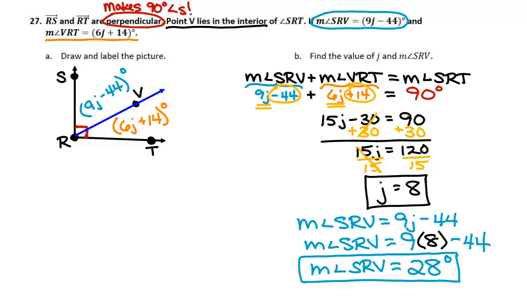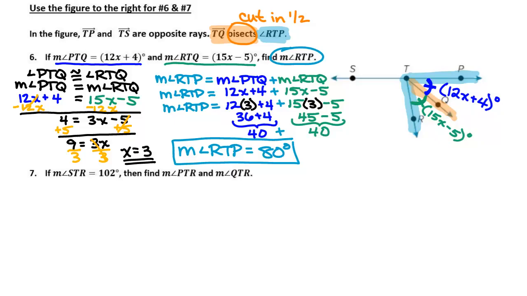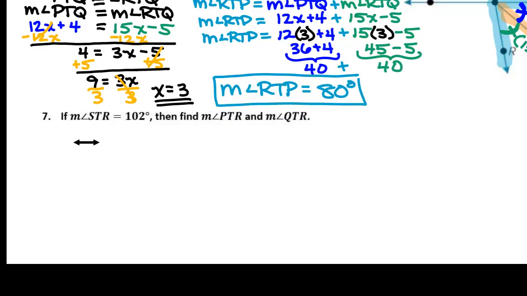All right, we're going to go do problem number 7 next. This is on the front page. This one uses the exact same picture as number 6. So I'm going to redraw that picture so that we can mark it up with this new and different information.